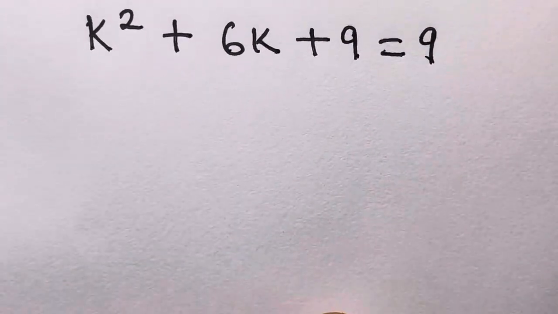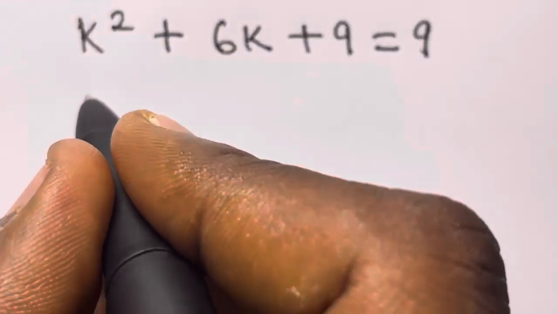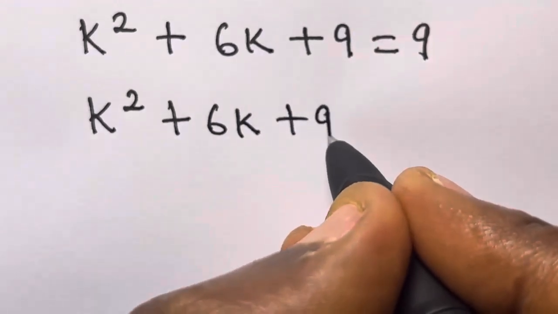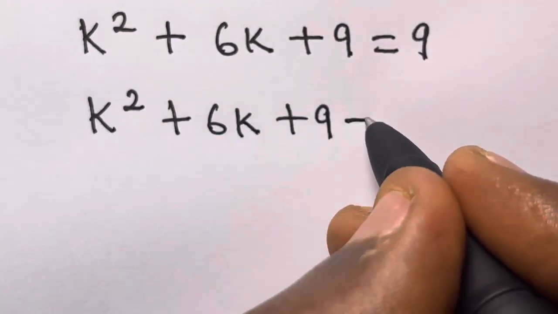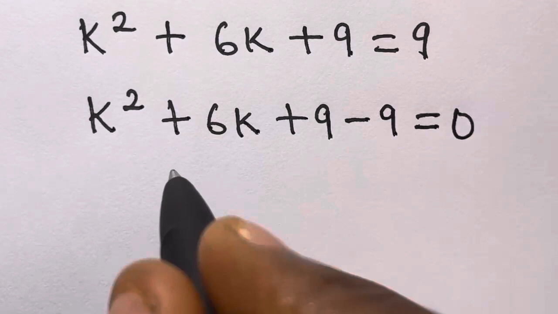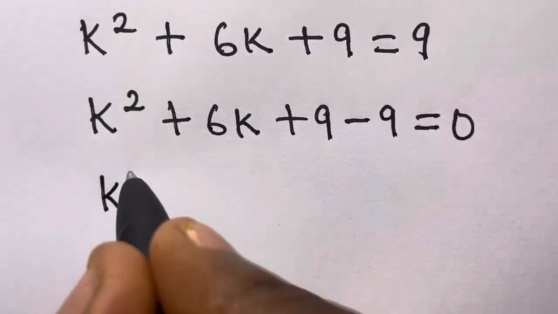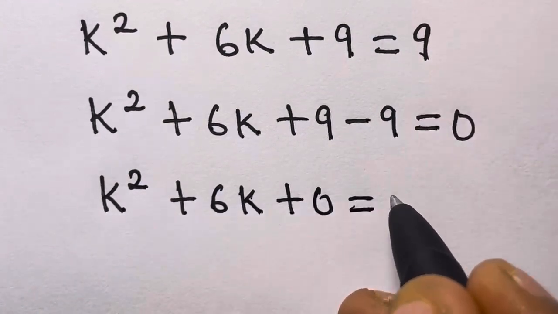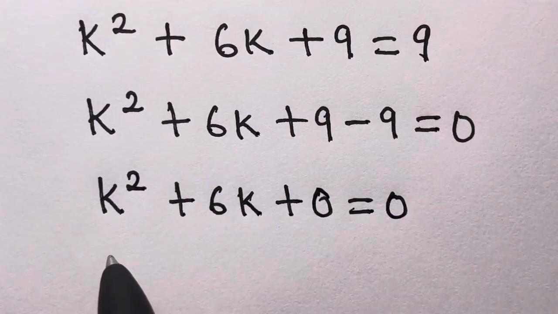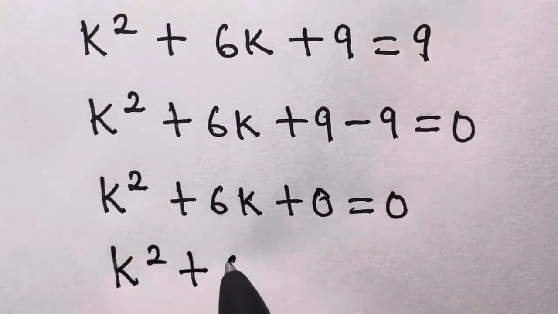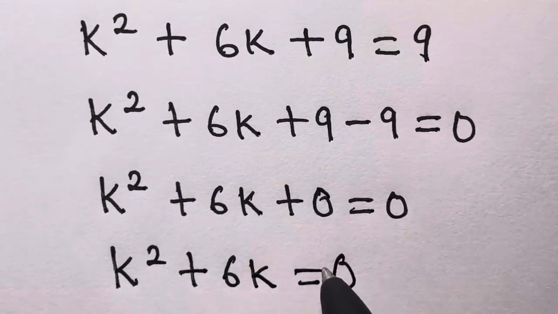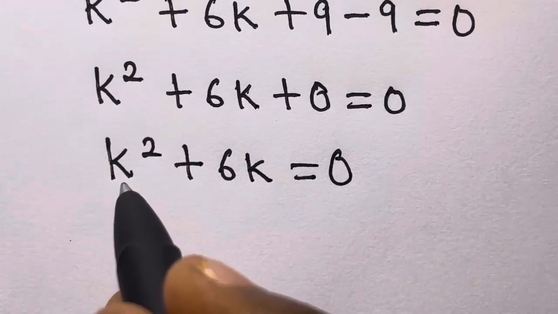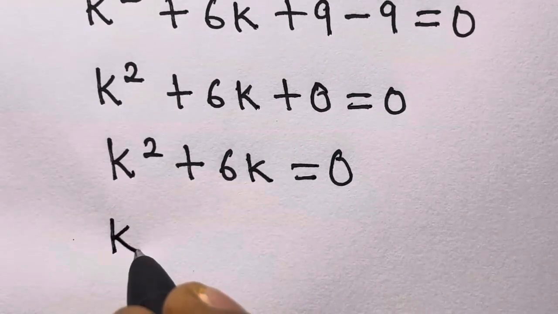All right, so here we have k² + 6k + 9. You transfer this 9 to this side, we have minus 9 equals 0. So we have k² + 6k + 0 equals 0, which means k² + 6k equals 0. We observe that we have a common factor here, which is k. Let's factorize k out.